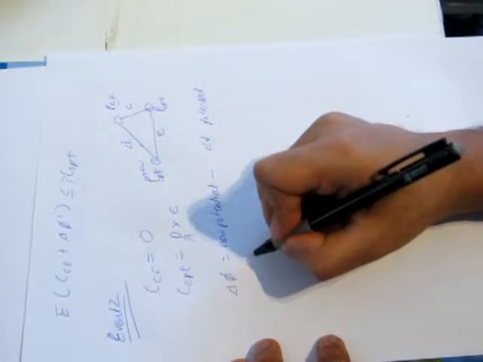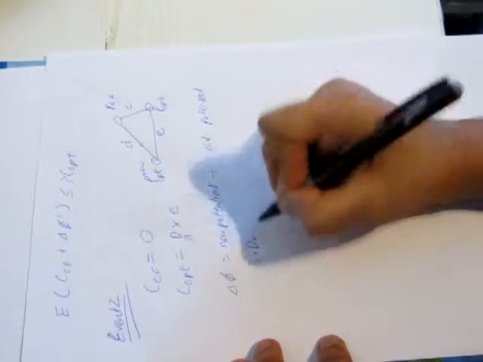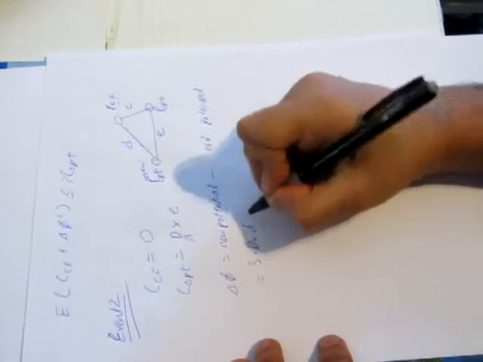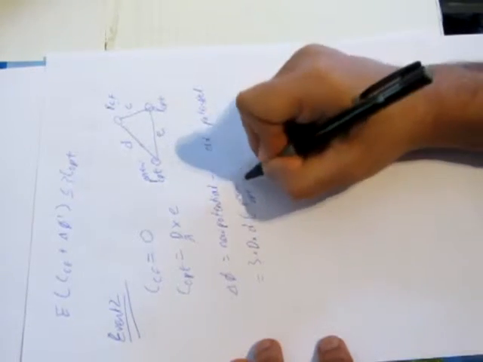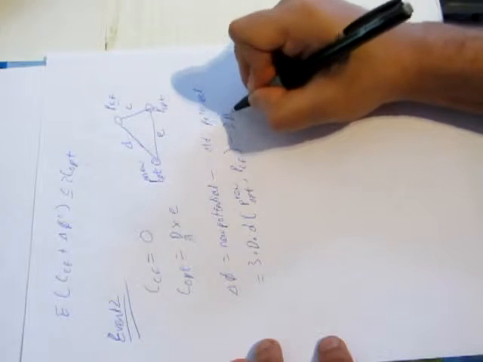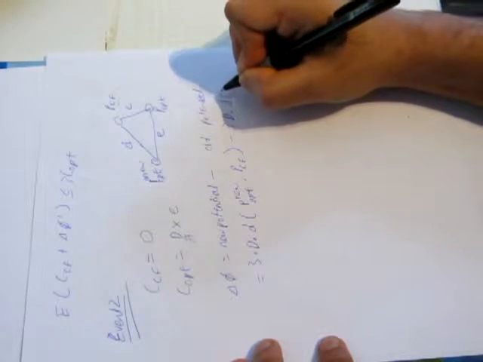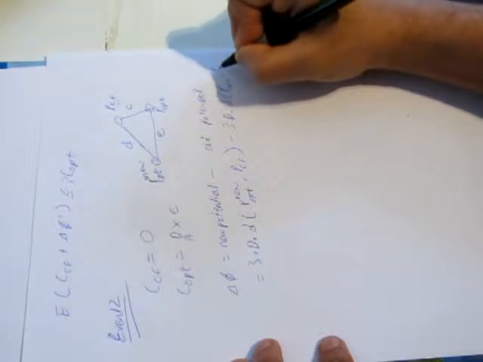By the definition of the potential function, it's 3 into D into the distance, and here in this case the distance is P_new_OPT minus P_CF, and for old it's 3 into the distance between P_OPT comma P_CF.